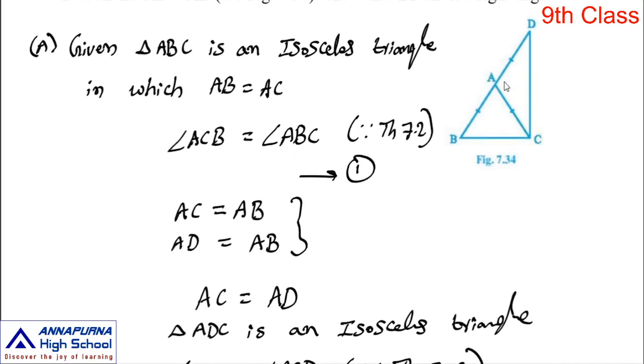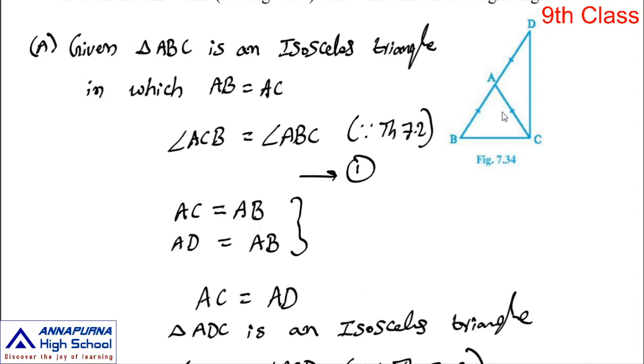See the figure. In triangle ABC, angle DAC is an exterior angle of triangle ABC, by using the exterior angle property. What is the statement of the exterior angle property? One exterior angle is equal to the sum of the two opposite interior angles.